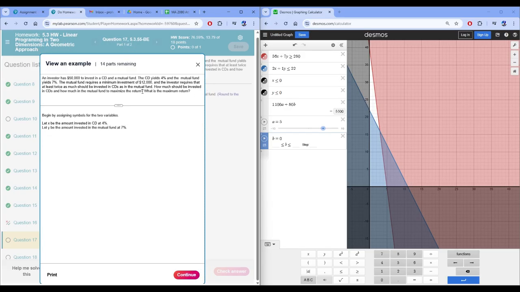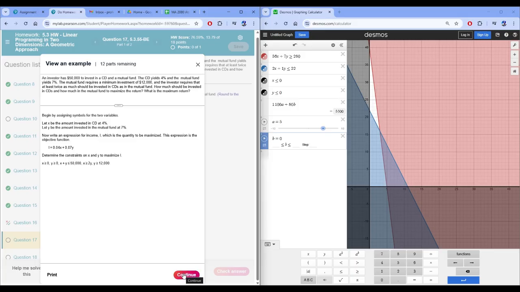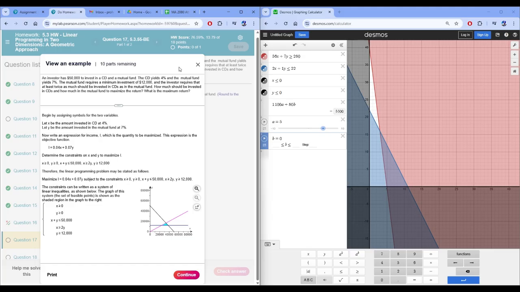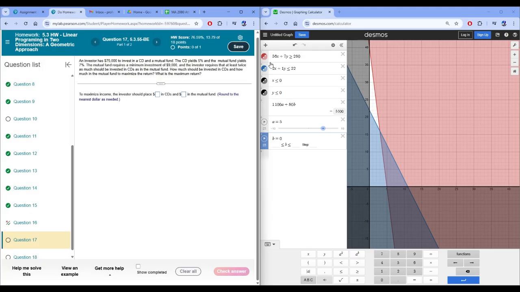That's going to give me the equation there. With that, X plus Y must be less than the total, X is greater than 2Y, Y must be greater than 12,000. Those are my constraints, and I'm trying to maximize the interest. Alright, so now let's go ahead and graph this.